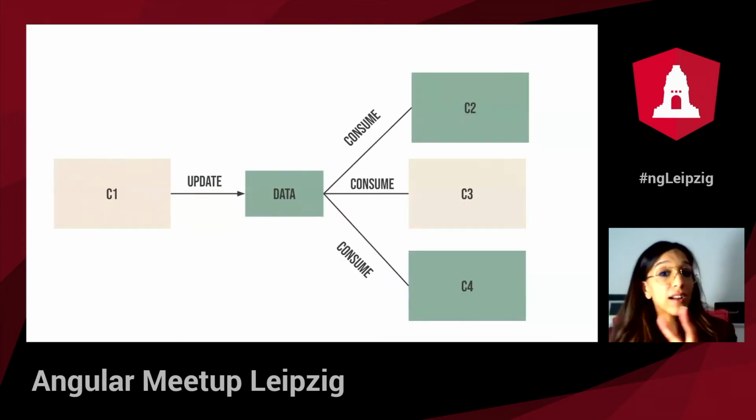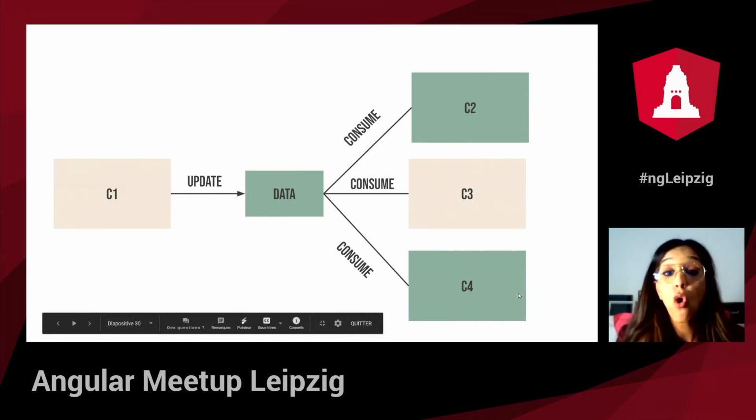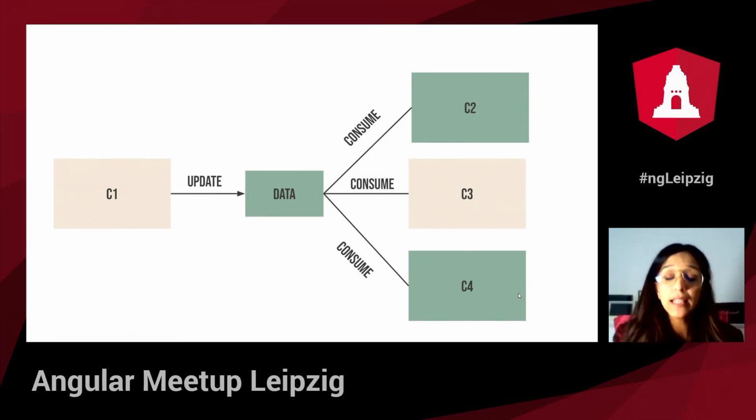So if you are in this context, where you have data that one component updates and all the others consume, or maybe the components update and consume all together at the same time, so this data is shared. Now, be careful. If you have this context, then please consider state management. In this case, your application is subject to state.